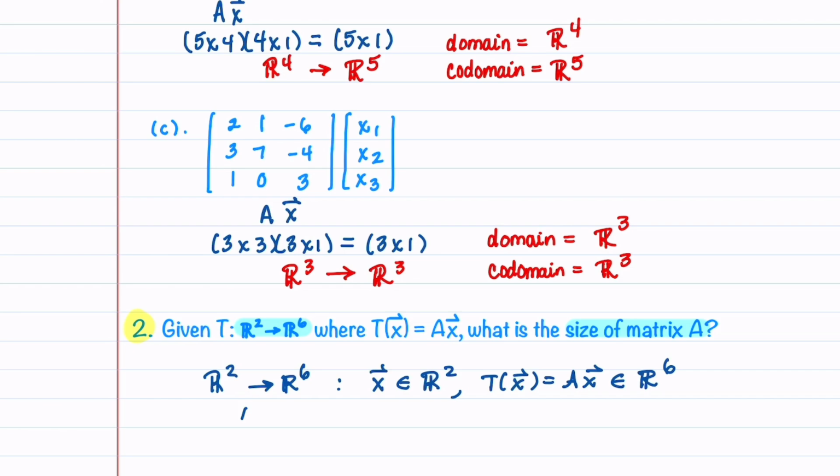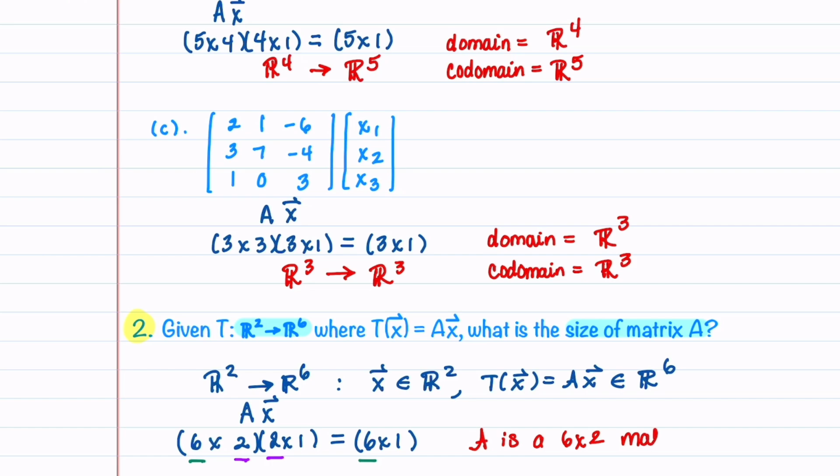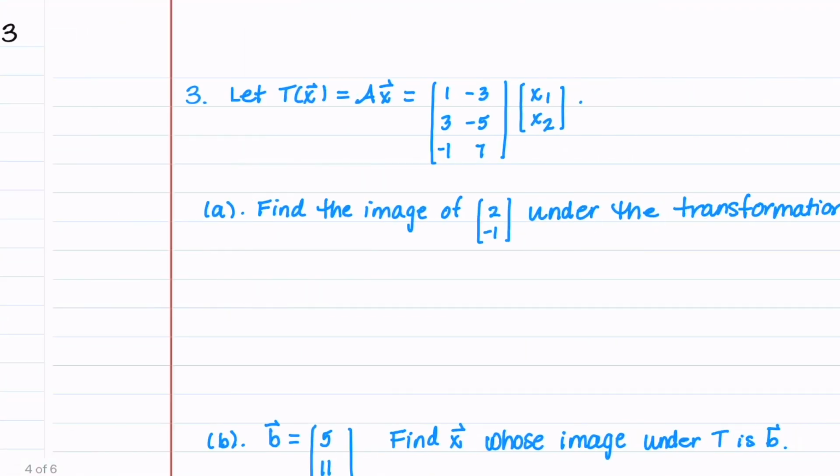When we look at the size of A times x, we see that x is a 2x1 column vector, and it's going to map to a 6x1 column vector, which means that this number has to match this number, which is going to be 2, and that this number has to match this number, so our first number has to be a 6. This tells us that A is a 6x2 matrix.